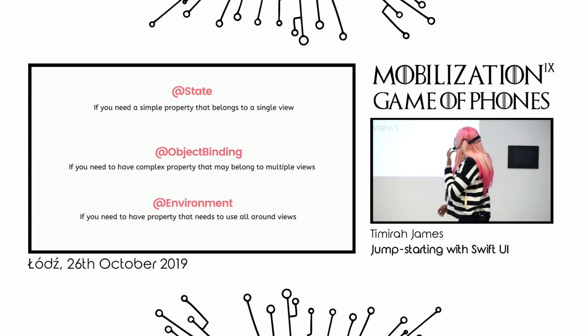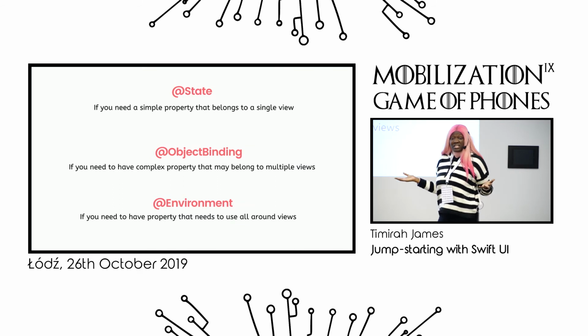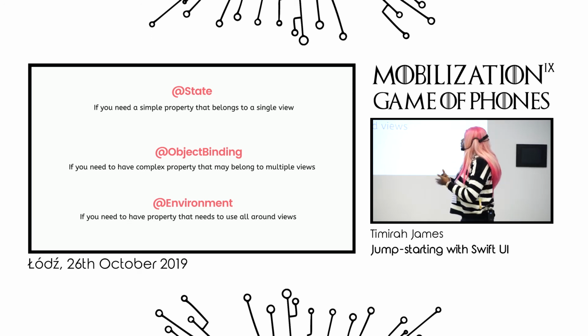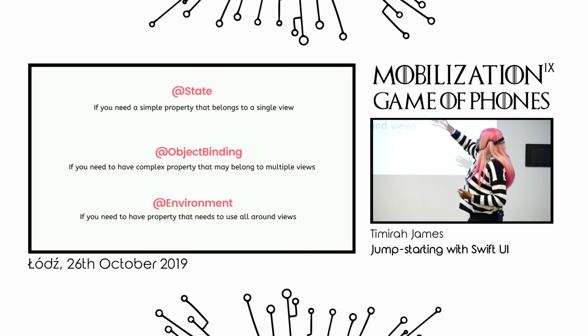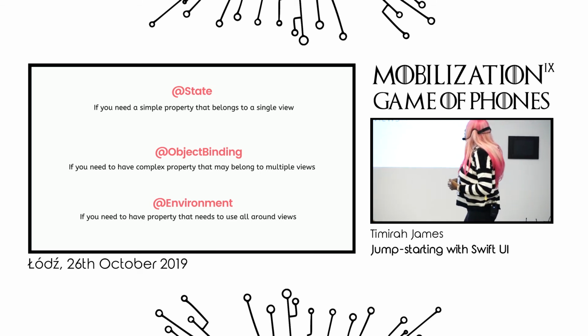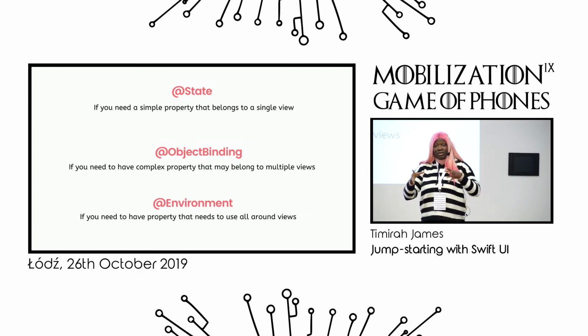Okay, so state is basically an example of a property wrapper that has been presented by SwiftUI. So @State is what you use if you need a simple property that belongs to a single view.